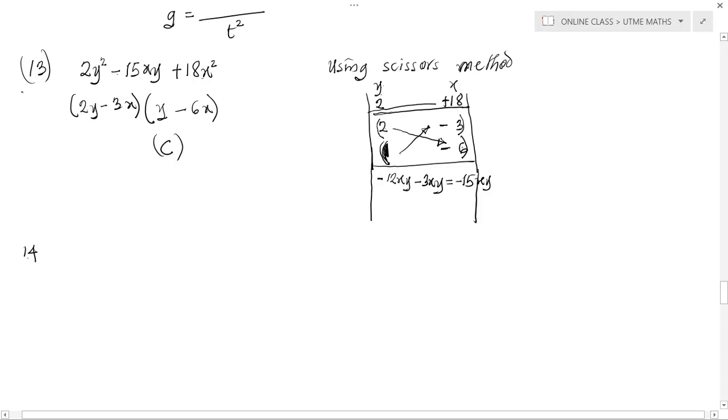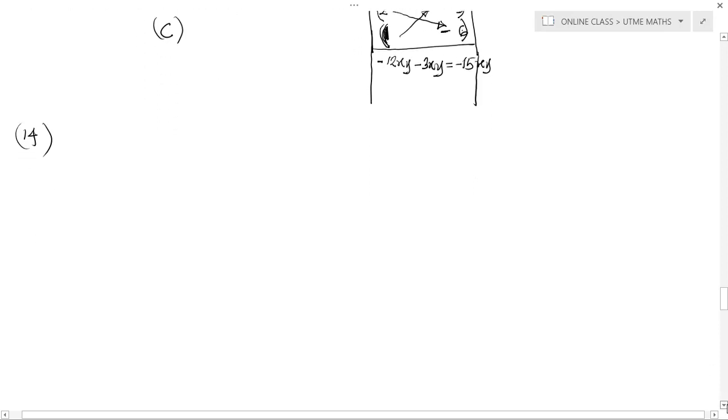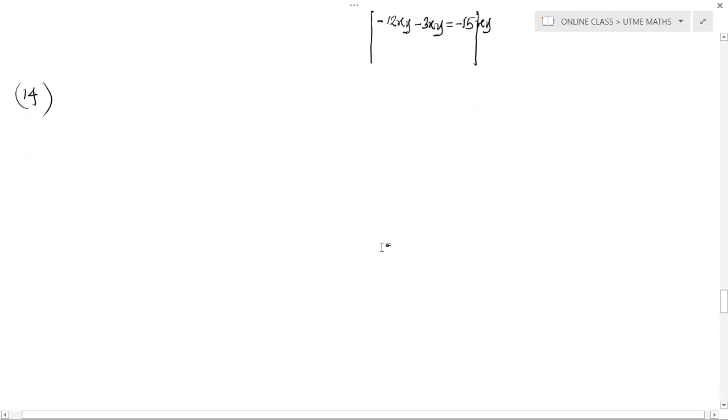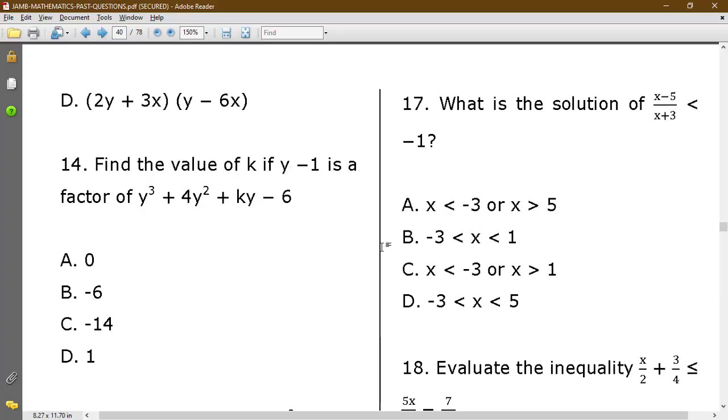Number 14 is the next question. And what do we have there? They said find the value of k when y minus 1 is a factor of y cubed plus 4y squared plus ky minus 6.